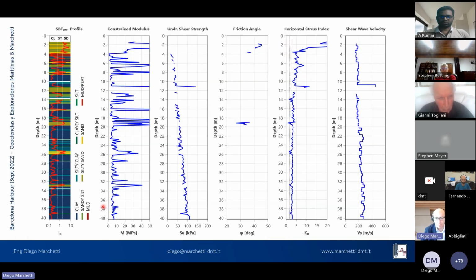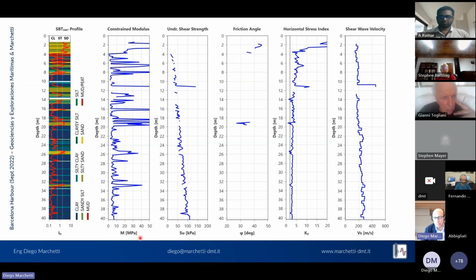This is the profile of the test up to 40 meters below the seafloor, indicating with the yellowish, greenish colors the sandy materials, with the bluish that are more clay material.